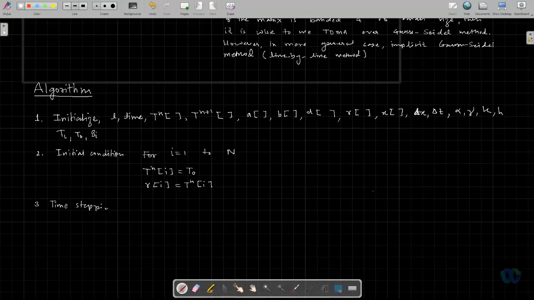Suppose this is our X domain with discretized domains. Now at t equals 0, we have substituted values at all these points. We have assigned values to all these points, and these values are nothing but T naught, T naught, T naught, T naught.